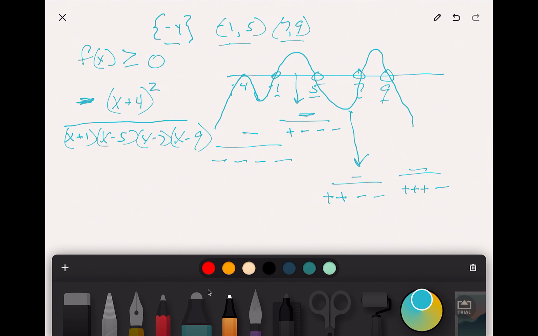An even number of negatives, so the function is positive. Perfect. And then for the end behavior, as x goes to infinity, the numerator is negative, and all the factors in the denominator are positive, so we have a negative function. So this would be the answer.